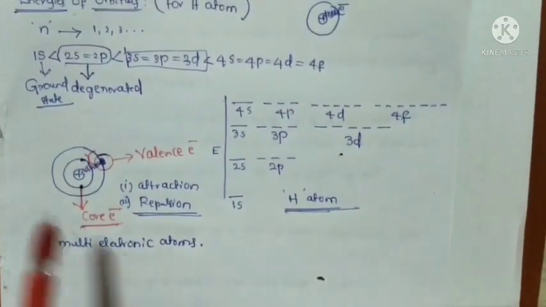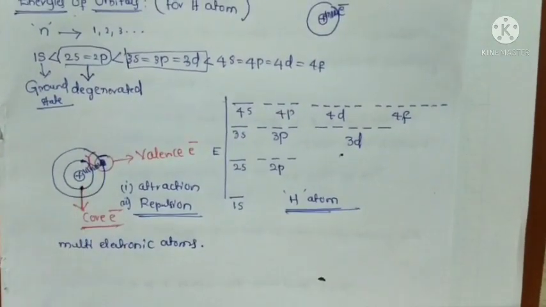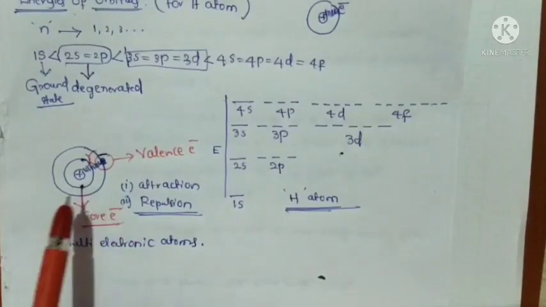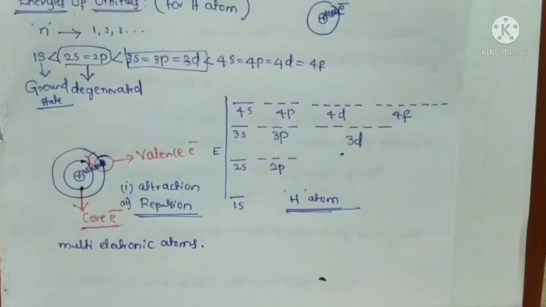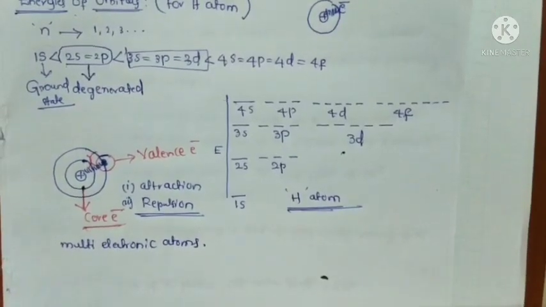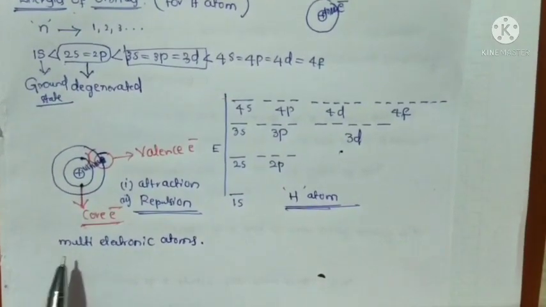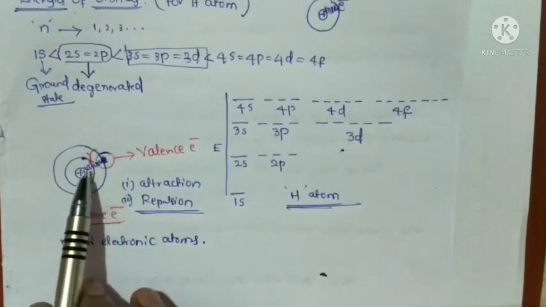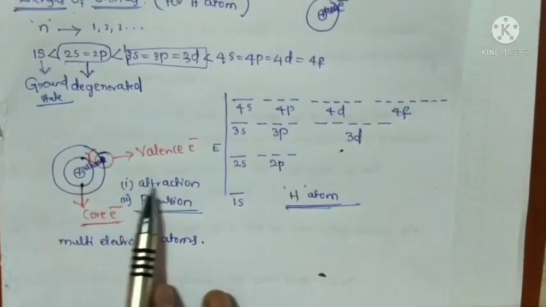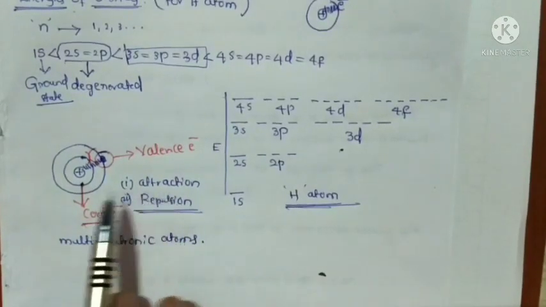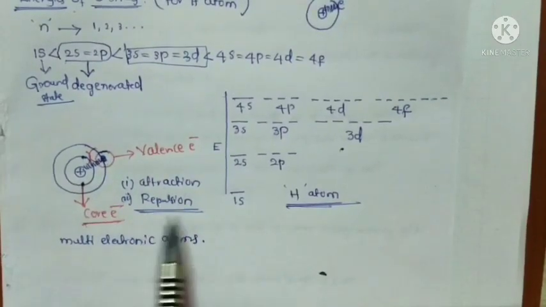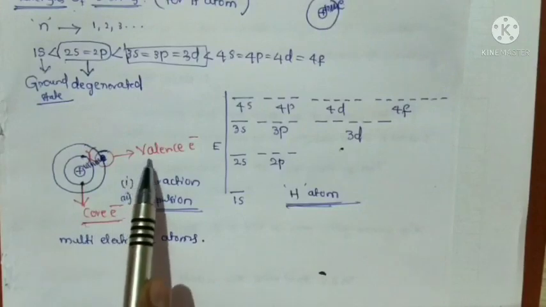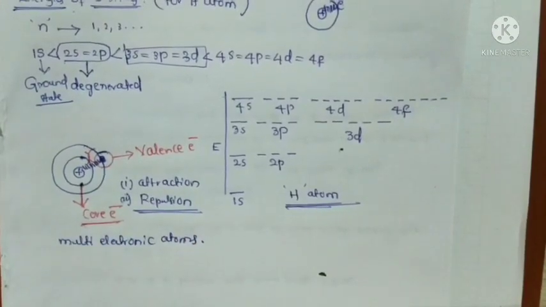You take lithium. How many electrons? 3 electrons are there, 2 electrons in the first shell and 1 electron in another shell. For a multi-electronic system, 2 forces are there: attraction forces between the nucleus and electron, and repulsion forces between the valence electron and core electron.